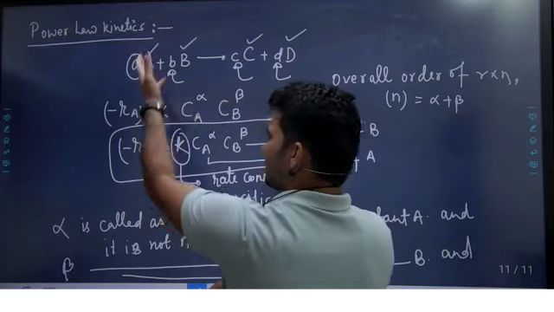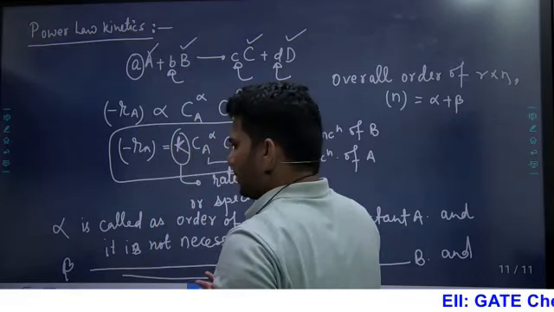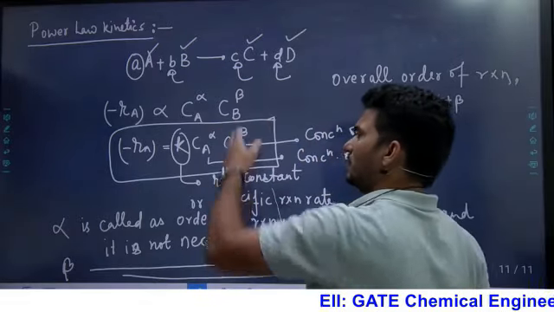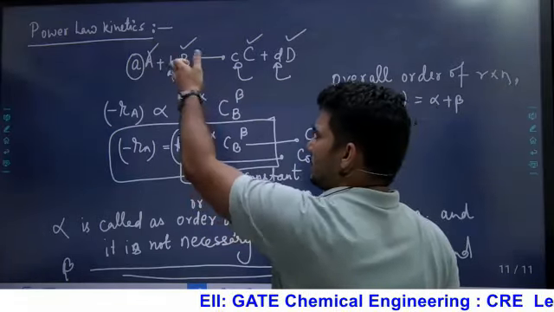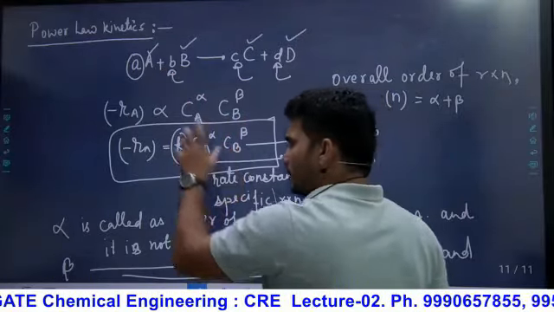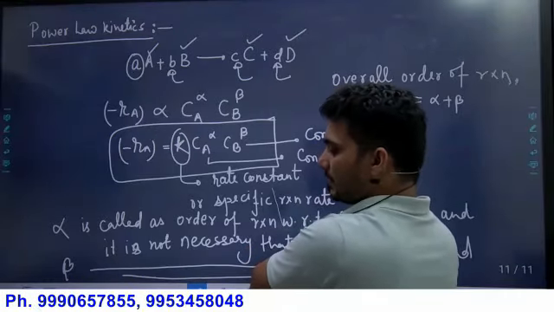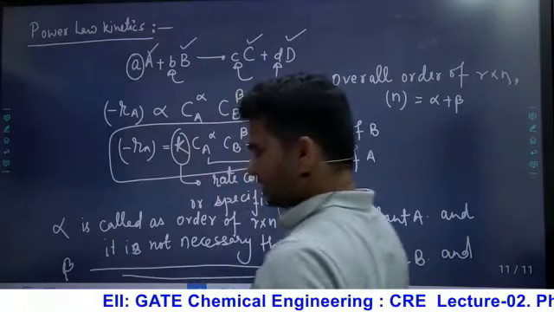It is not necessarily equal to a; it may or may not be. Beta, whether it is equal to b or not, it is not necessary, but the rate will be written in this form. That is the power law model, the general rate law.